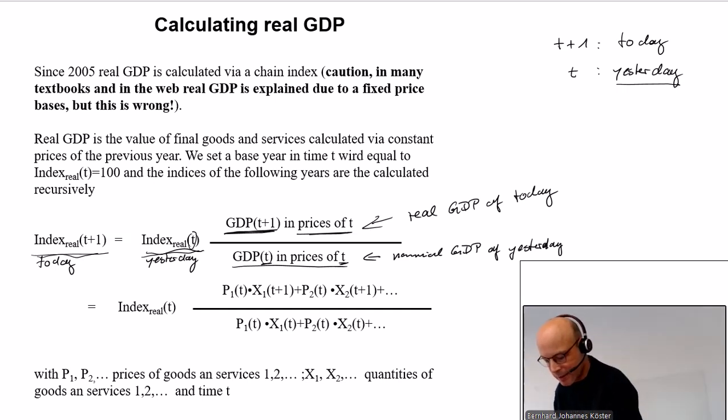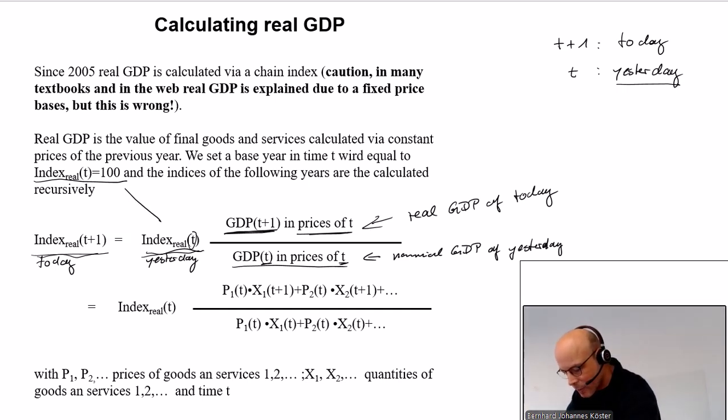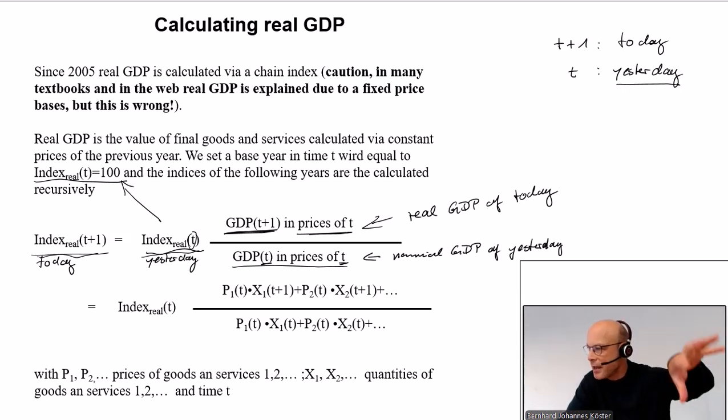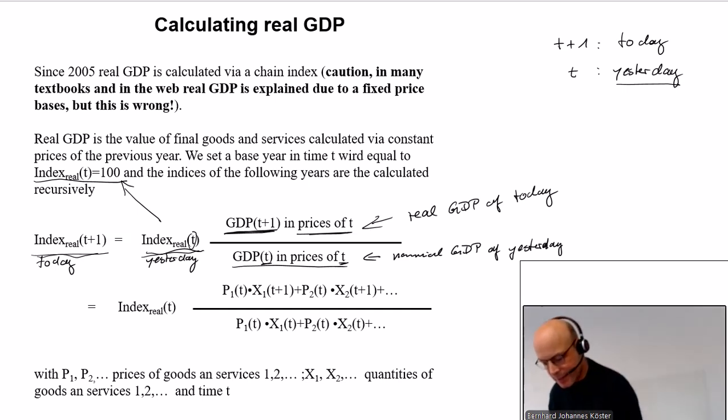So this means we can choose just some base year, and this base year we set to 100. So in general, if we are operating with indices, we just set them in the neighborhood of 100, and then we have this as a starting point.